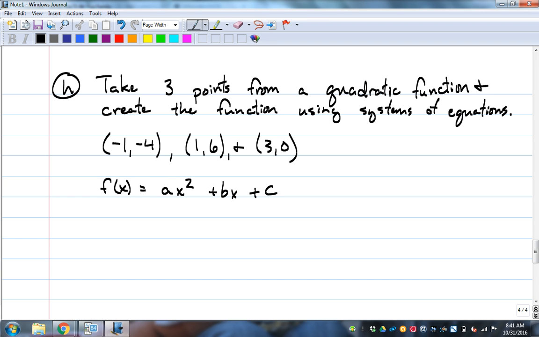So what we can do is create 3 equations with 3 variables in it using these 3 ordered pairs. Okay? So that's what we're going to do.